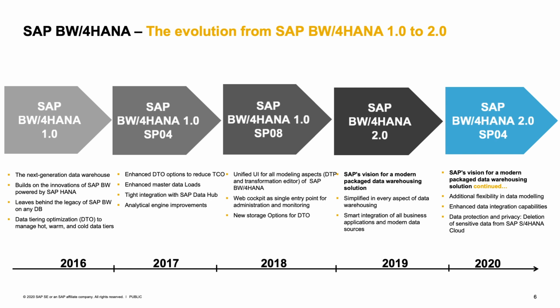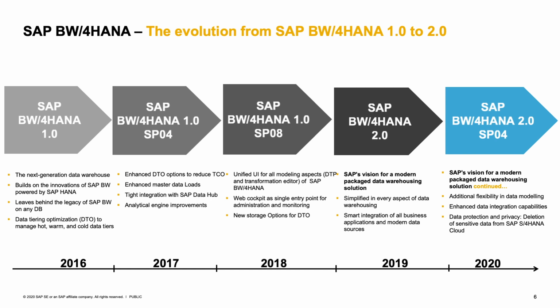Then we had two support packages or enhancement packages for BW for HANA 1.0, where we consequently continued to enhance the capabilities which we launched for the specific releases. But we also integrated technologies interesting for BW for HANA, for example, the SAP Data Hub.